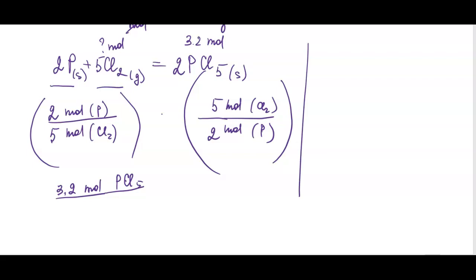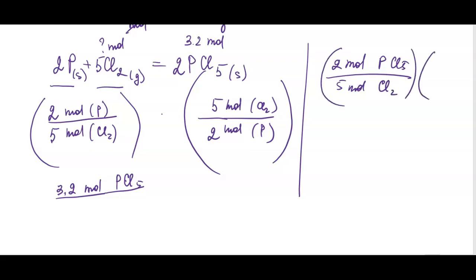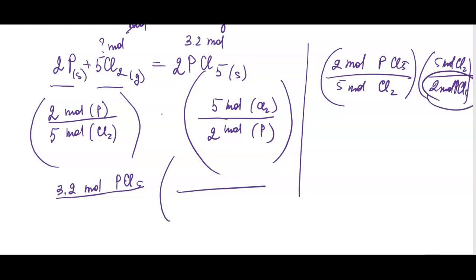Either 2 moles of PCl5 to 5 moles of Cl2, right? Or we can use another one, 5 moles of Cl2 to 2 moles of PCl5. If we start with PCl5 here, we need to use the conversion factor where PCl5 can be cancelled later. So I will use the second conversion factor.